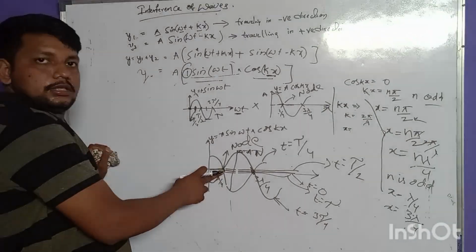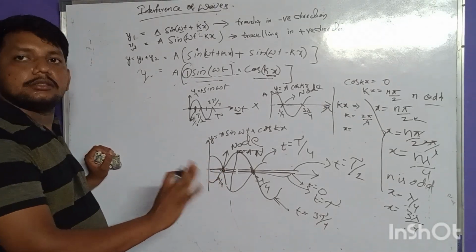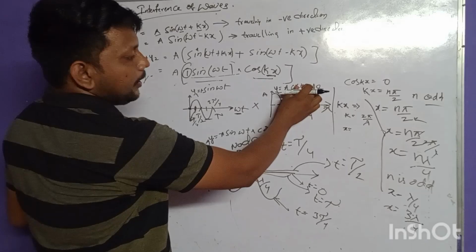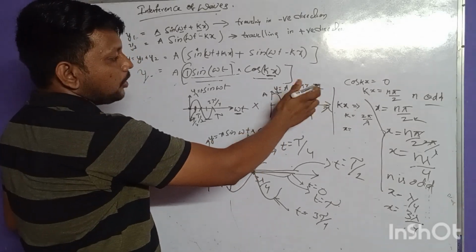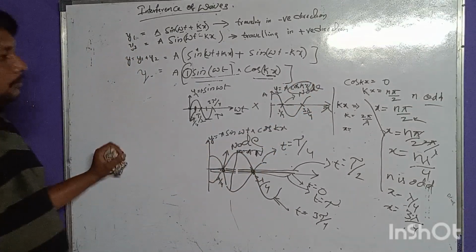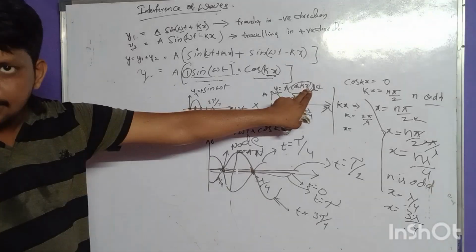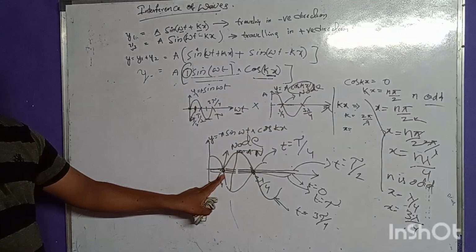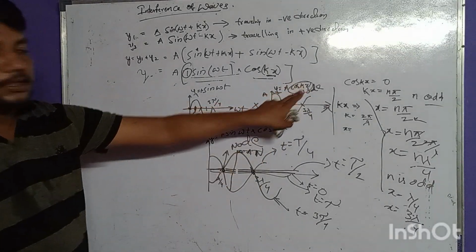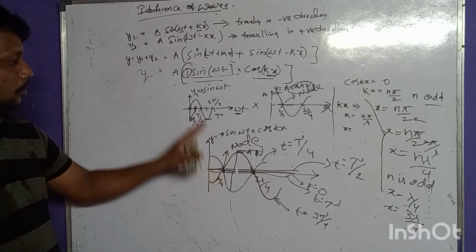This node position does not change because kx is not varying with respect to time. So this x is constant, it is not changing with respect to time.